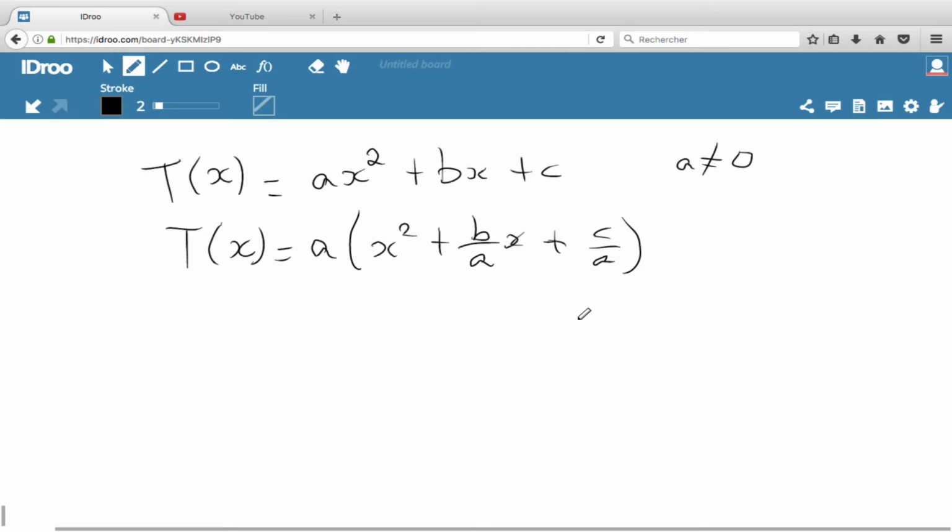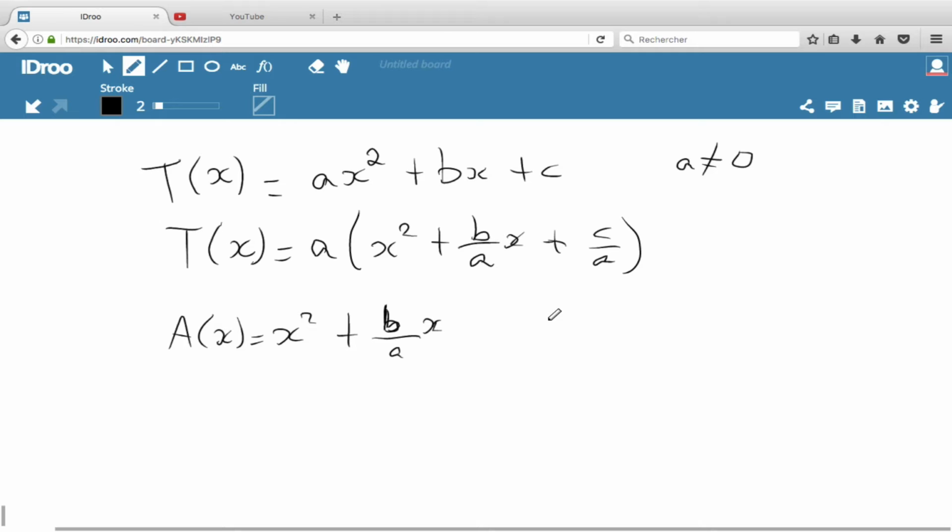Okay, and now that's the most important part. Et maintenant c'est la partie la plus importante. We have to focus on this part. Let's call this a of x equals x squared plus b over a times x. Considérons ce morceau-là en disant que a de x égale x carré plus b sur a x.